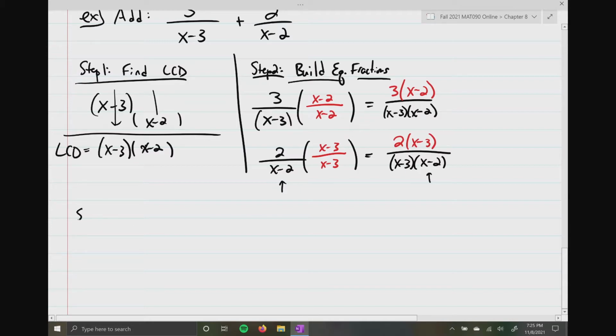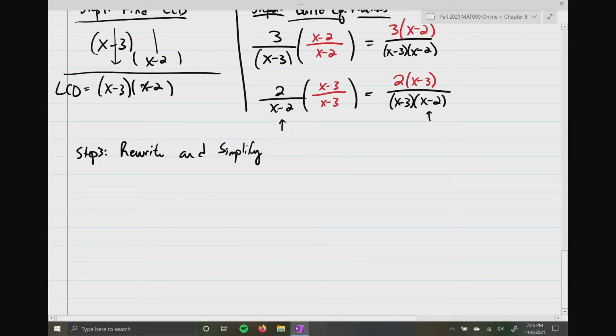Step 3, it's going to be rewrite and simplify. So I write 3 times a quantity, x minus 2, all over x minus 3 times x minus 2, plus 2 times a quantity, x minus 3, all over x minus 3 times x minus 2.